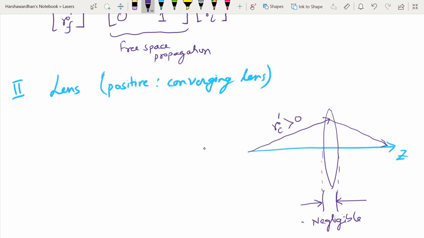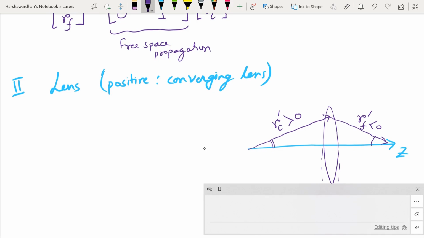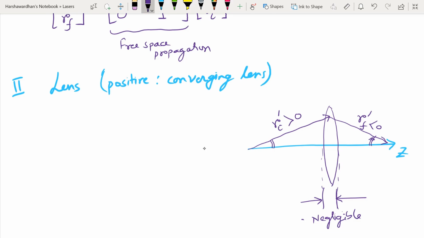It changes my Rf prime beyond the lens to be negative, right? So when I'm measuring this angle from the Z axis, this is my positive angle, whereas in this case I'm going to measure this angle, which is a negative angle, right? So now let's see how we can deal with this.